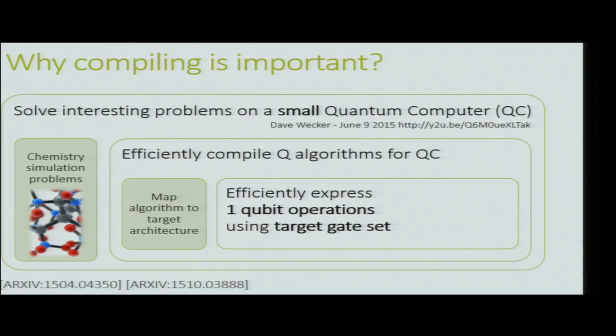An example of problems that are very well suited for these machines are problems that are naturally related to quantum mechanics, such as chemistry simulation or studies of the structure of materials.